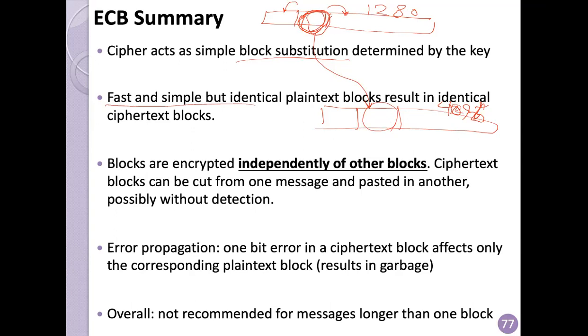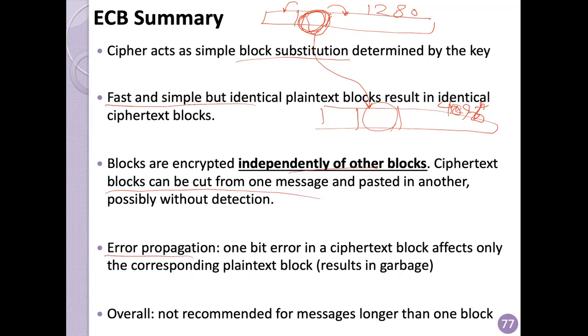And like I said, blocks are going to be encrypted independently. And again, here is a problem which is restated here, that a block can be copied from one message and pasted or used in a different message without possible detection. And there is no error propagation.